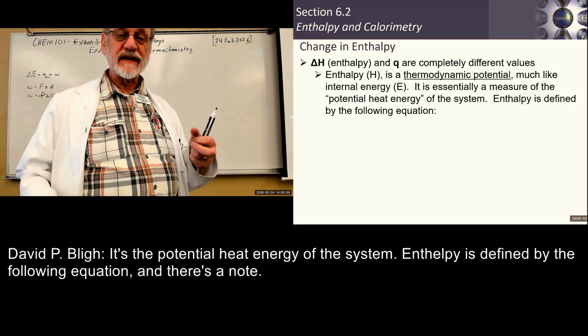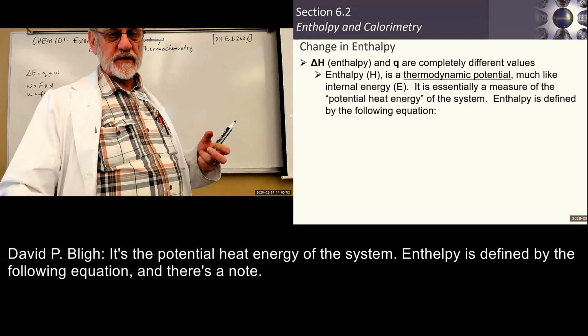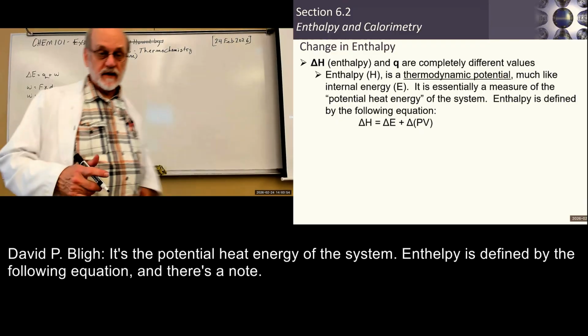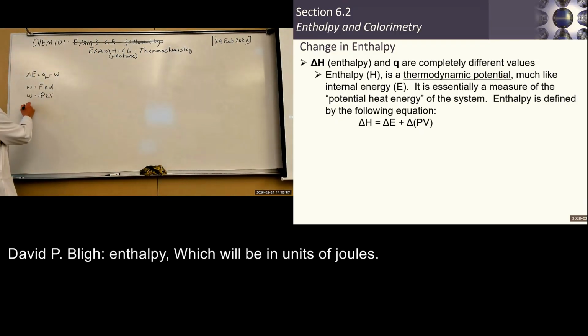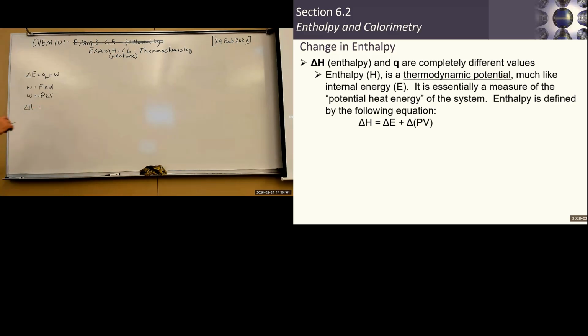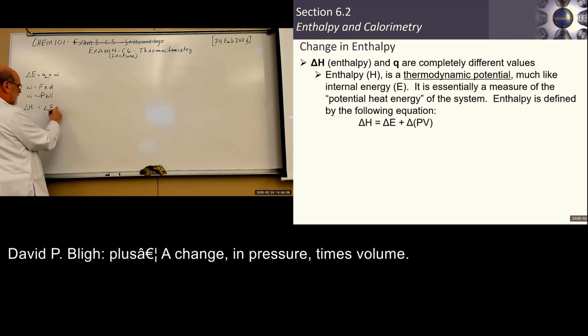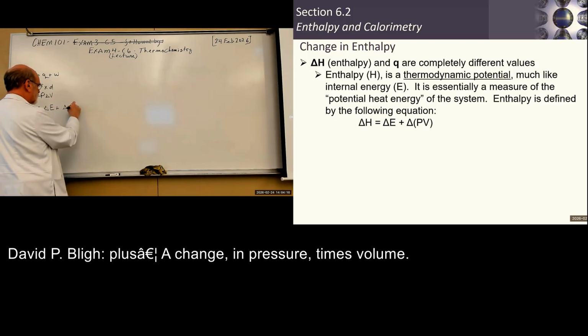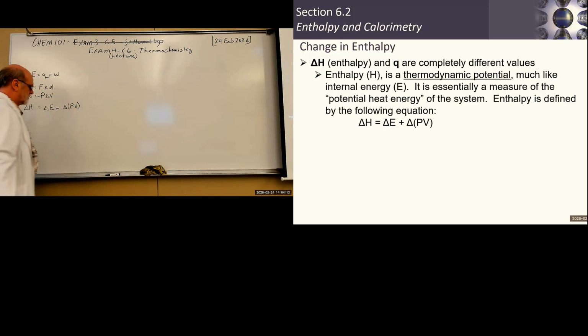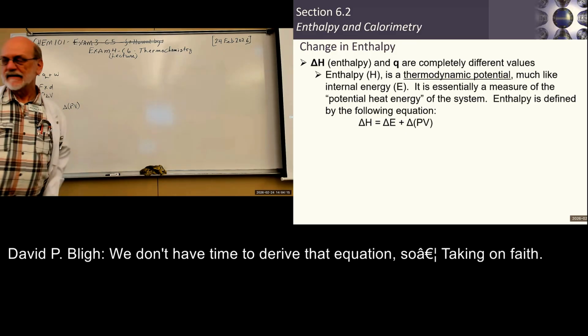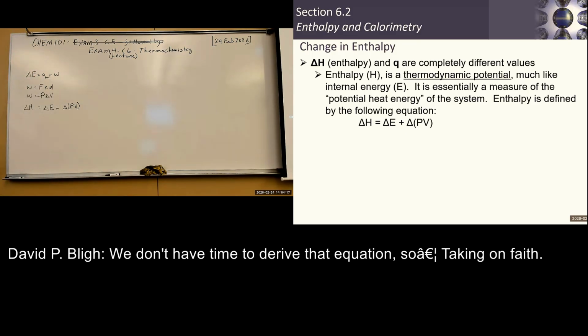It's the potential heat energy of the system. Enthalpy is defined by the following equation, and there's another one. So enthalpy, which will be in units of joules, is equal to the internal energy of the system plus pressure times volume. We don't have time to derive that equation, so take it on faith.